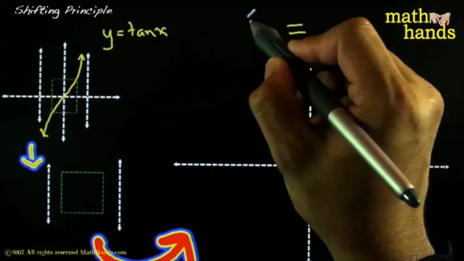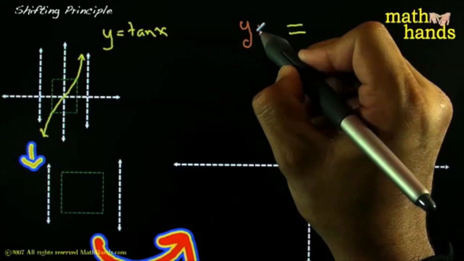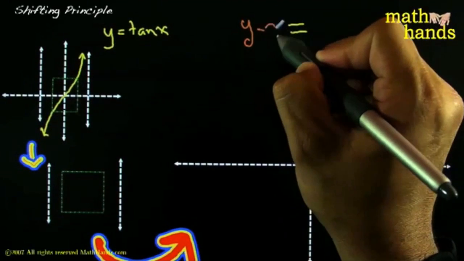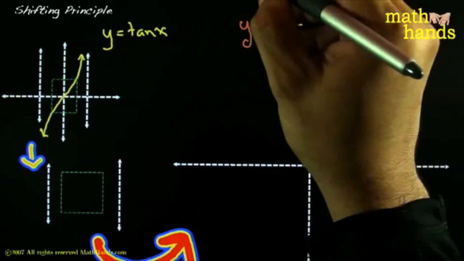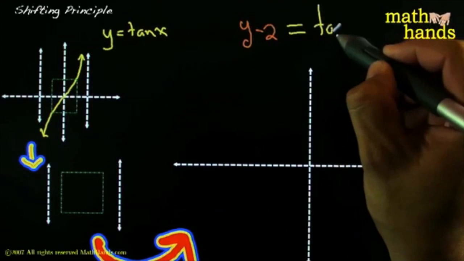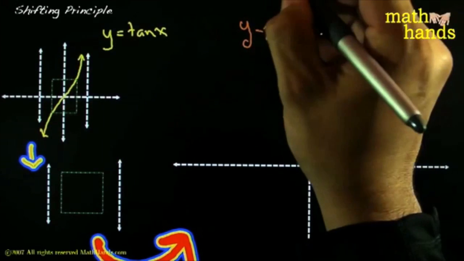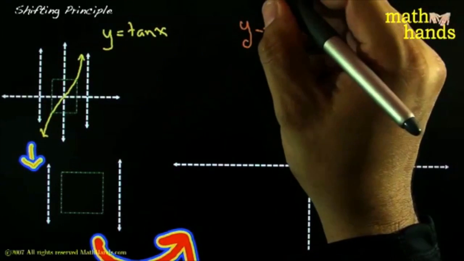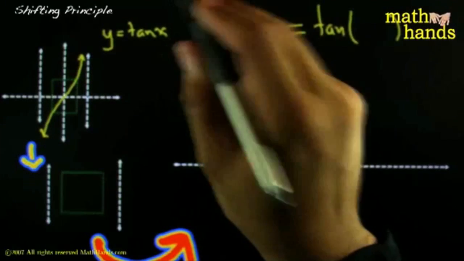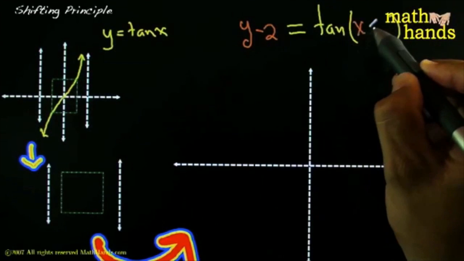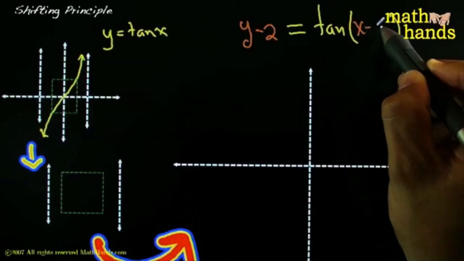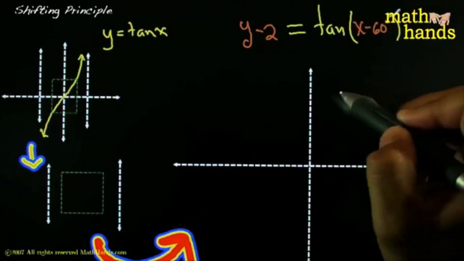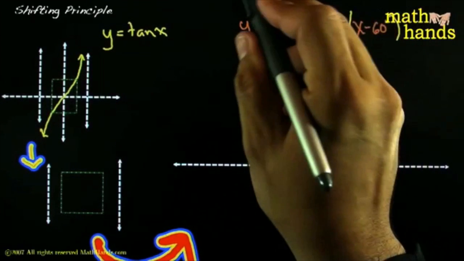Suppose we wanted to graph y minus 2 is equal to tangent of, what do you say we do? Tangent of x minus 60 degrees. Alright, so you first look at the modifications.